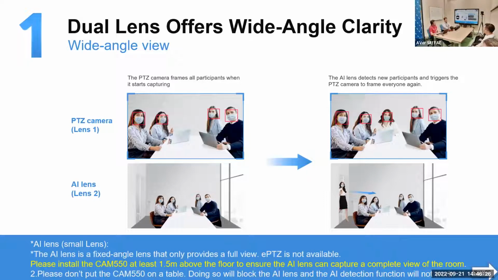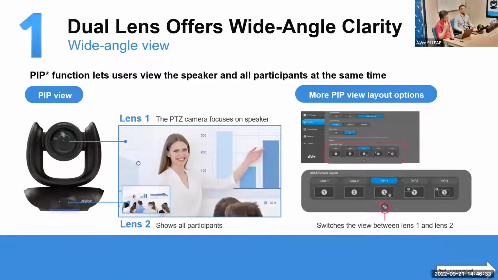Okay, this is the PIP, picture in picture feature. We can support the PIP feature on both USB connection and HDMI connection in the end of Q3. It means maybe the beginning of October, we can support a firmware update to support the PIP.